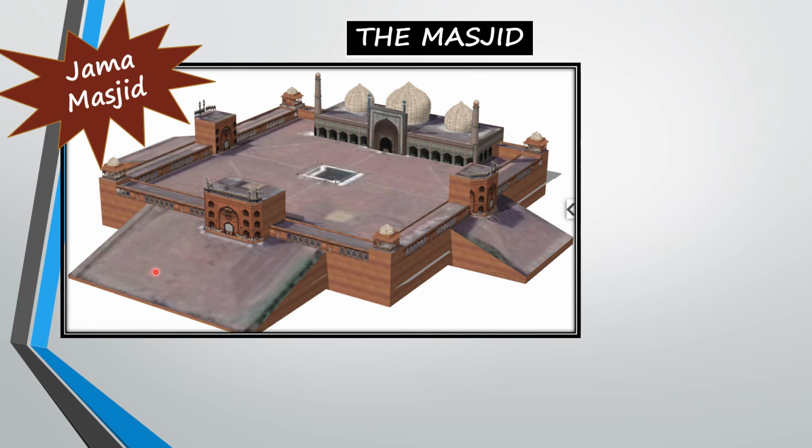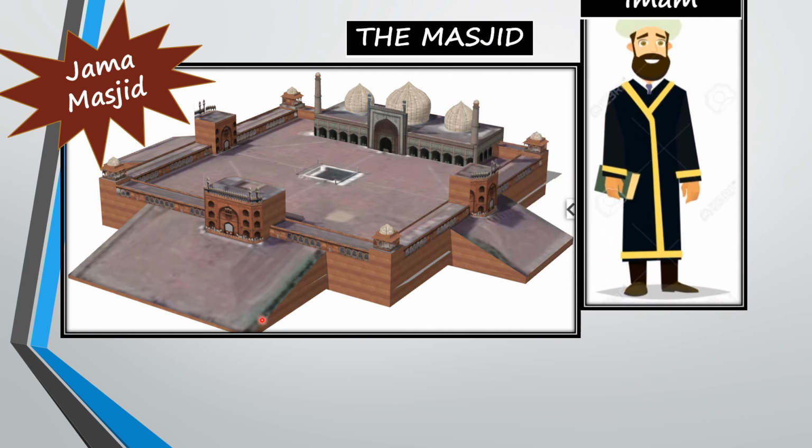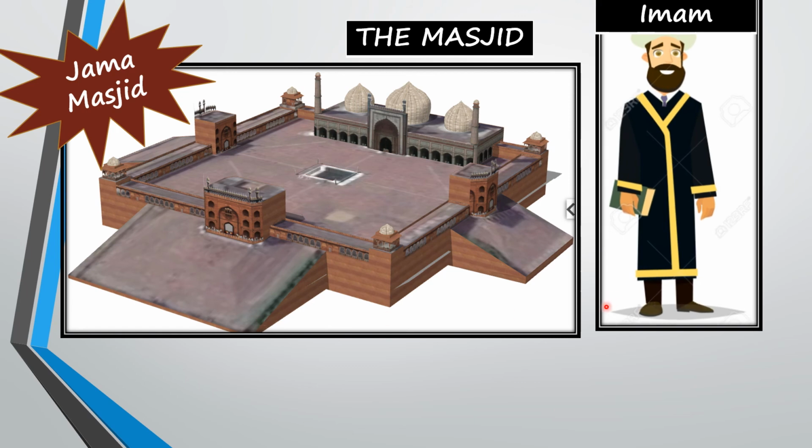The members of the congregation choose the most learned man of the group as their leader, called the Imam, for the rituals of prayer. He delivers the sermon, called khutbah, orally every Friday.